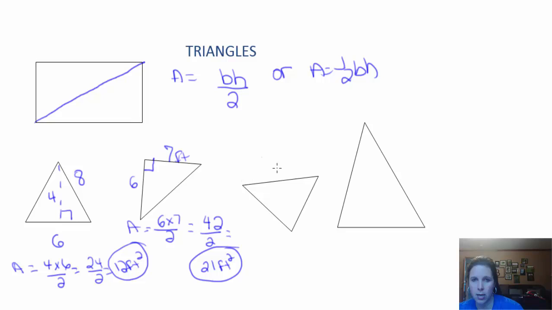This one, we have a dashed line here, and we have, this is 3, 9, 10, 8. Okay, so again, base times height. Okay, well right away we know our height is 9 and it's perpendicular to this side right here. So 9 times 3 divided by 2, which is what? 27 divided by 2, which is, it's okay to have a decimal here.